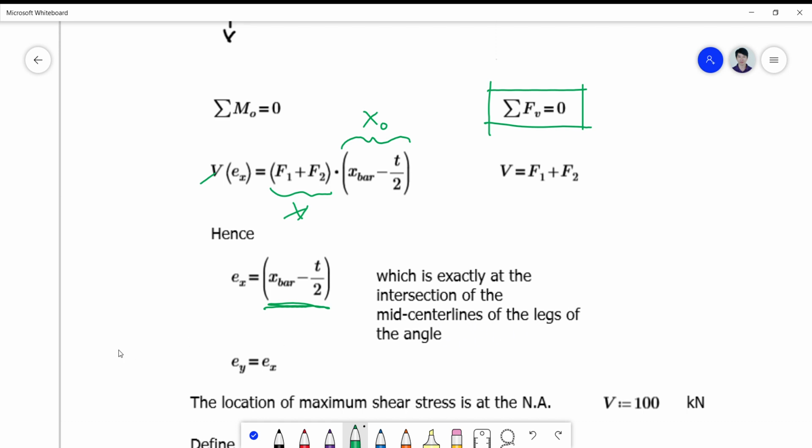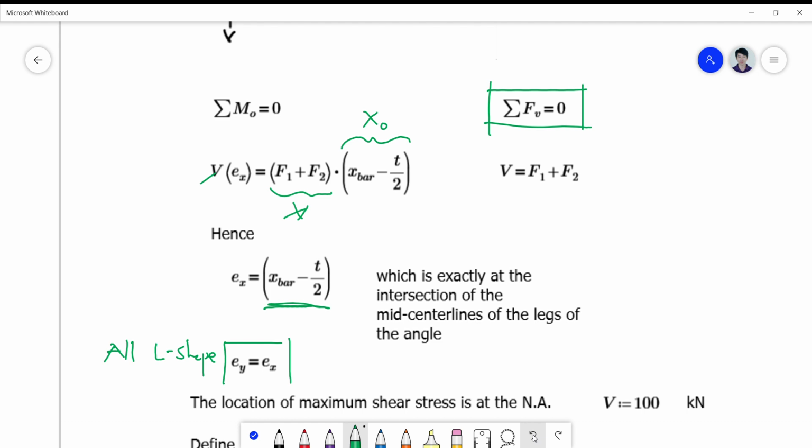And due to symmetry for equal angles or unequal angles or all angles in general, okay, all L-shape or angular shape sections, your EY will simply be equal to, okay, sorry, this is not pertaining to that.